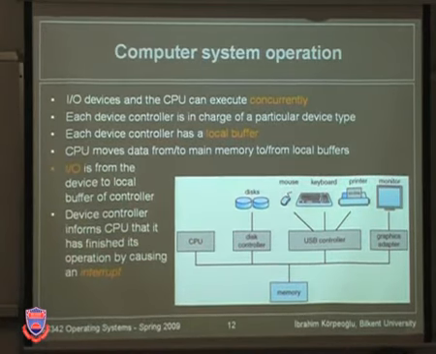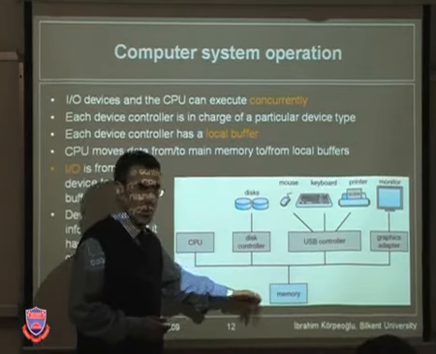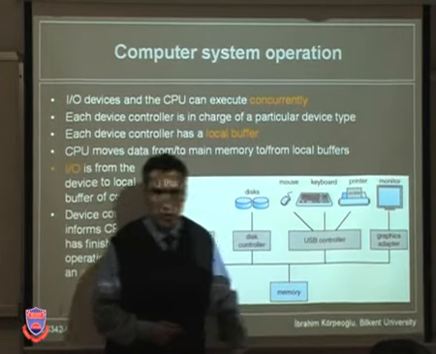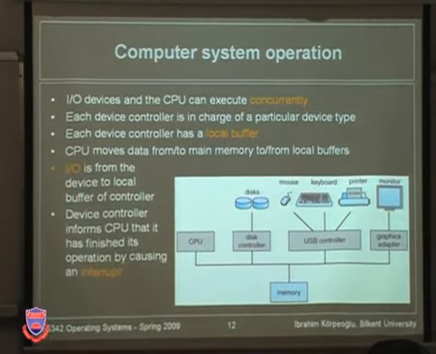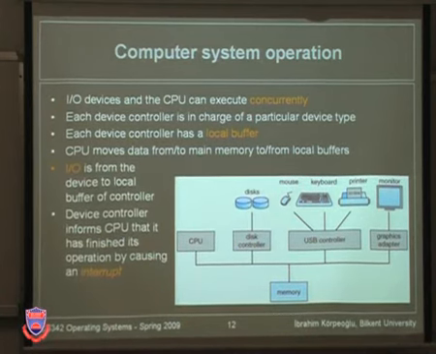Handling the interrupt may be something like moving the data from here to there, or moving some more data from memory to the controller buffer, and so on. You do whatever is required when you receive an interrupt.